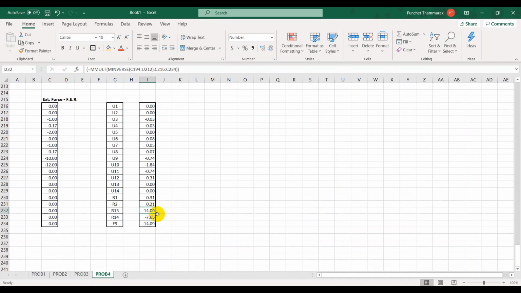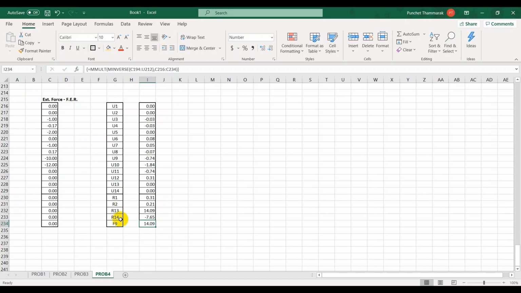And it is quite understandable, because if the reaction force is 14.09, that means the hinge force that is transferred to the other side has to be the same magnitude, because we don't see any force on the span of element number 5.